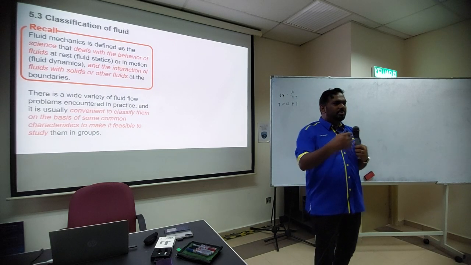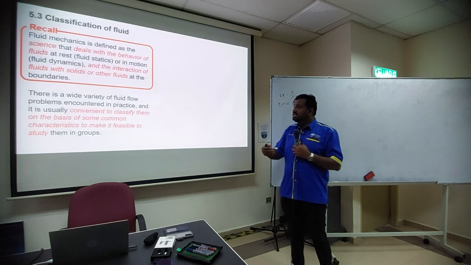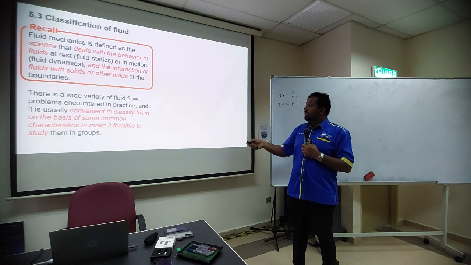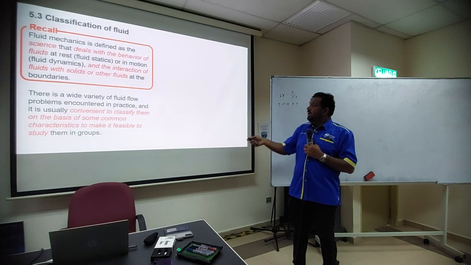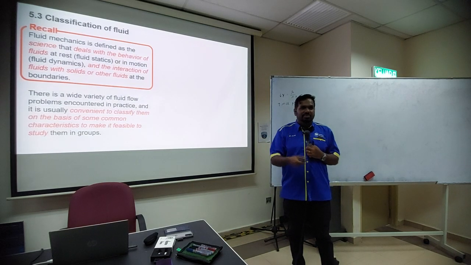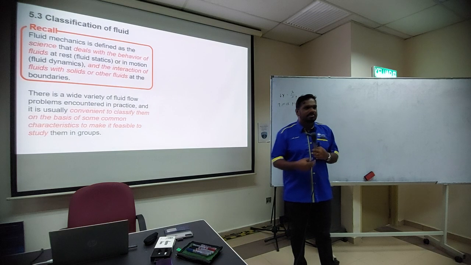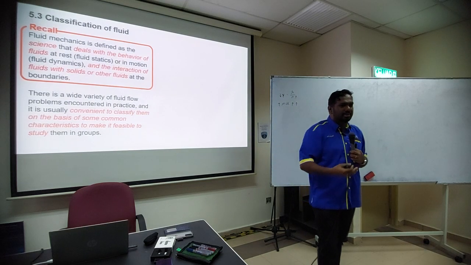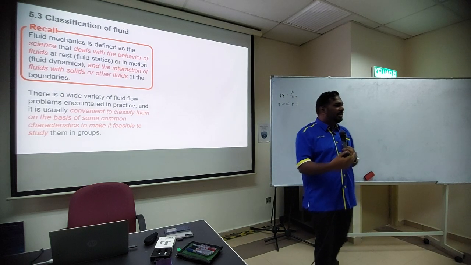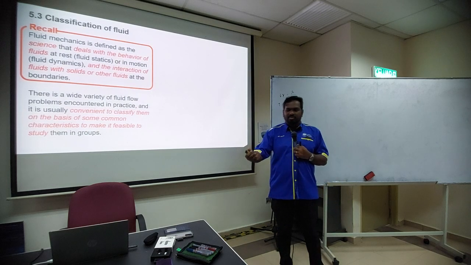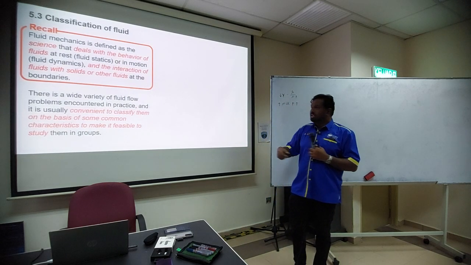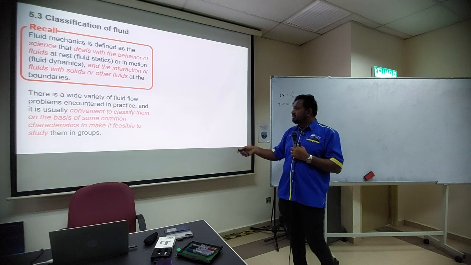We will study the things related to the fluid at rest. And the fluid in motion, we call dynamic fluid, because it's moving, like a river or pipe flow. There are a lot of cases where the fluid is moving, and we will also study that.